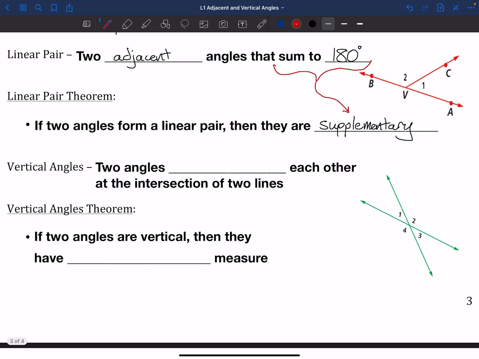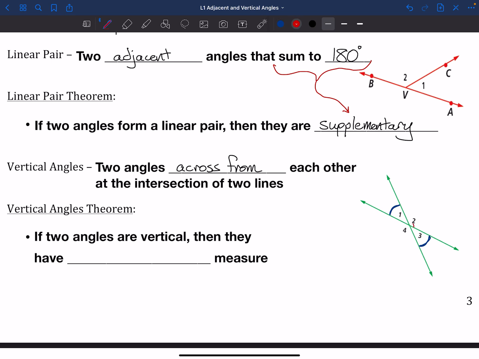We've also got these things called vertical angles, right? So when we're talking about vertical angles, they are two angles across from each other at the intersection of two lines, right? So if I'm looking at this diagram over on the right where, mine are green, I know that yours are probably grayscale. If I'm looking at angles 1 and 3, those are vertical angles.